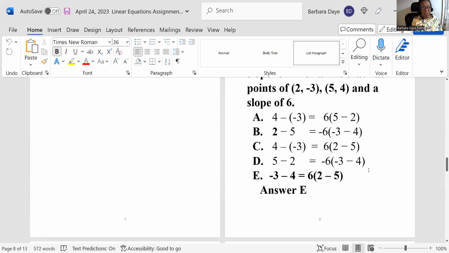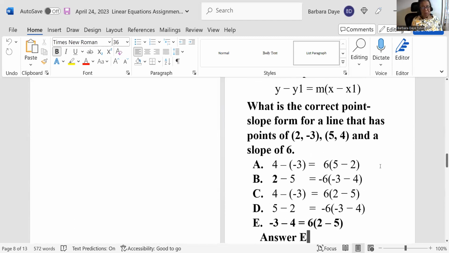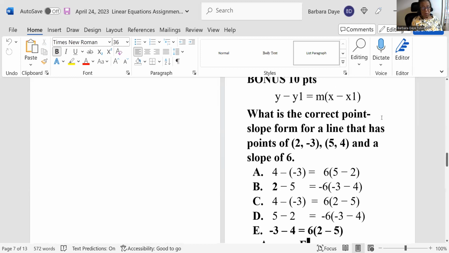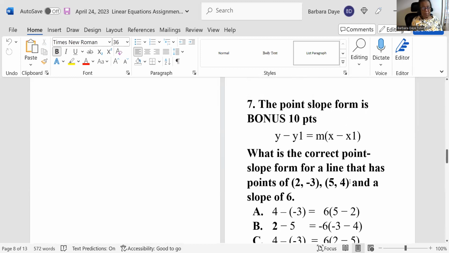Questions? But this is similar to that slope intercept. The only difference is that we had a y and a y1, and the other one we had a y1 and a y2. And here we have an x and an x1, and on the other one we had an x1 and an x2. But you label them the same though.